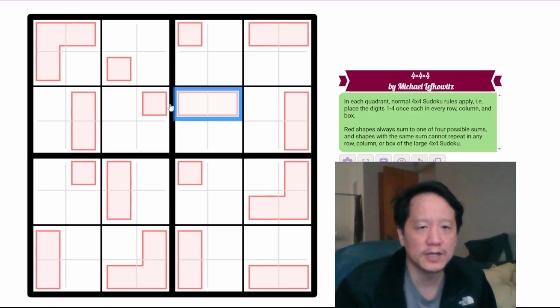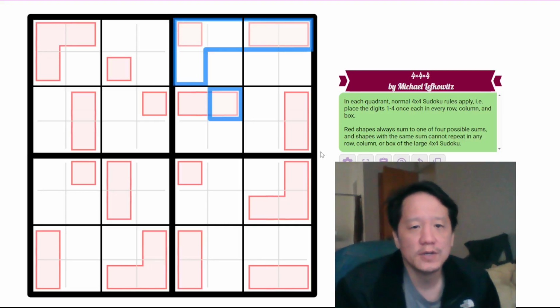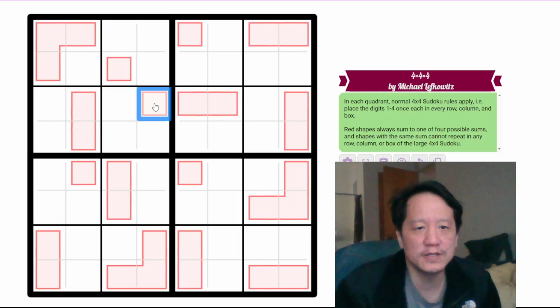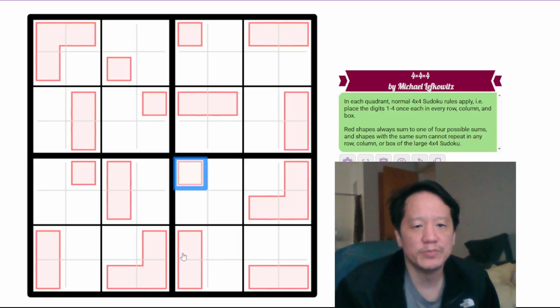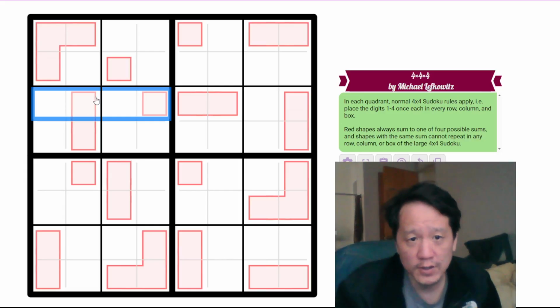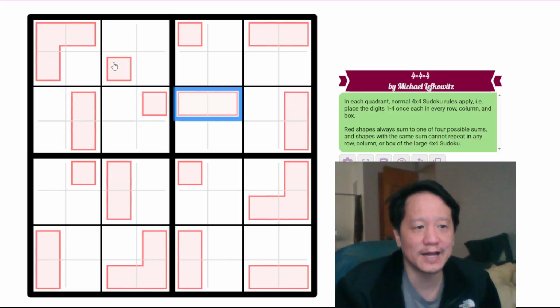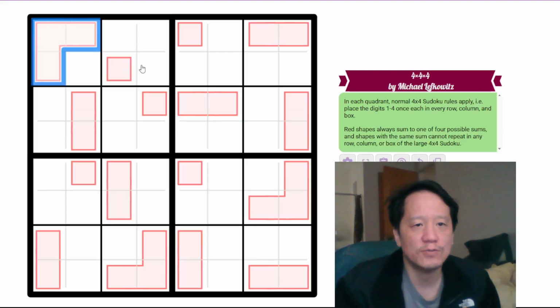This shape cannot equal the sum of any of these because they are in the same box, and cannot be the same as these sums because they are in the same row and column, but it has to be exactly the same as one of these here and then one of these.